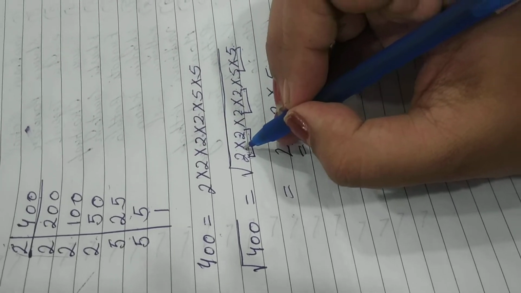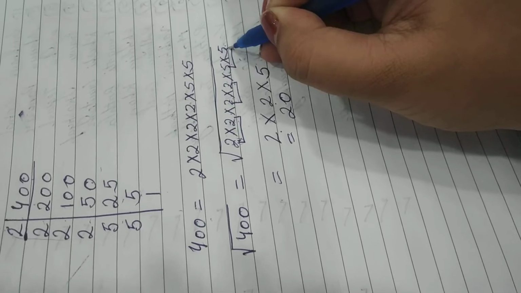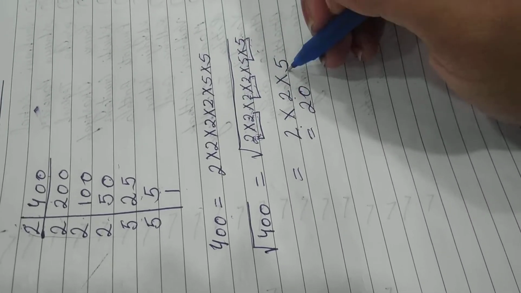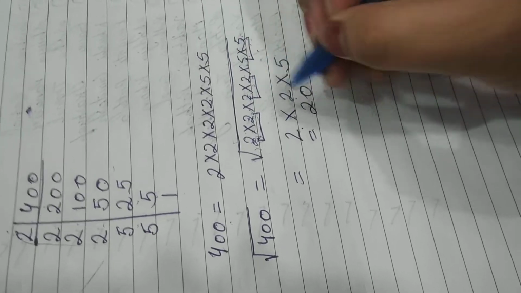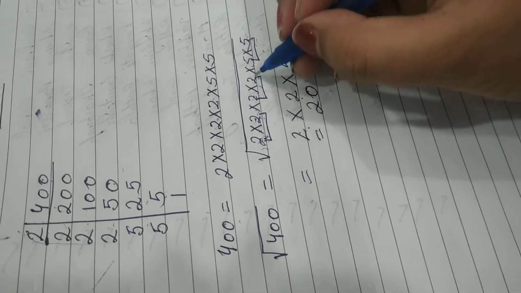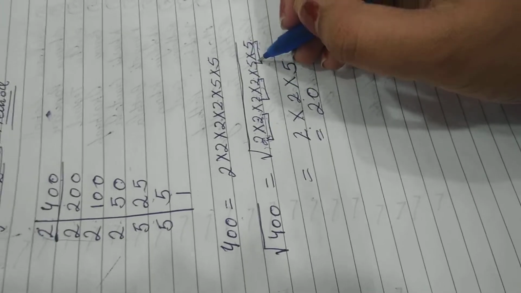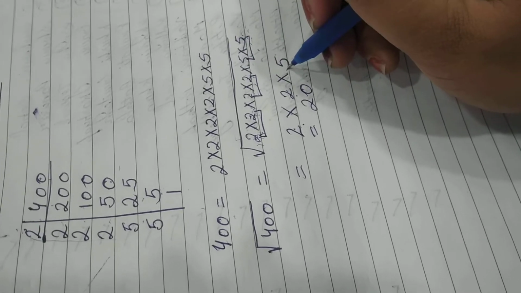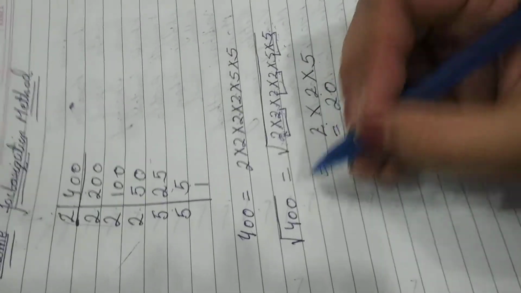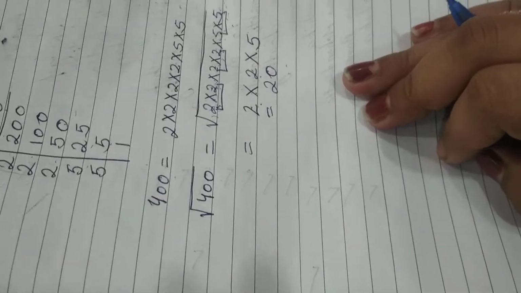The numbers should be same, 2 and 2, 2 and 2, 5 and 5. Out of these two I am going to take 1 outside. I'll remove the sign and take 1 only. So out of these two I am getting one 2 here, out of these two I am getting one 2 here, out of these two 5 I am getting one 5 here. 2 2s are 4, 4 5s are 20. So square root of 400 is 20.